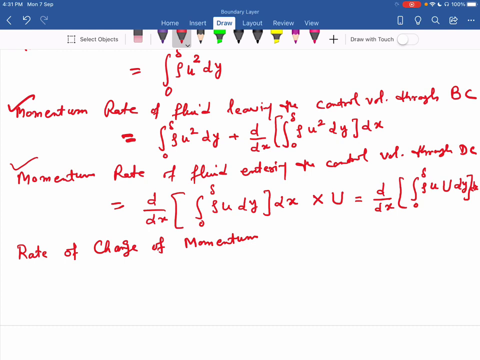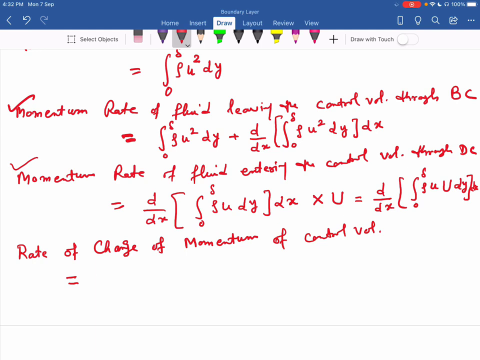The rate of change of momentum of the control volume is equal to the momentum of fluid leaving the control volume minus the momentum of fluid entering the control volume.